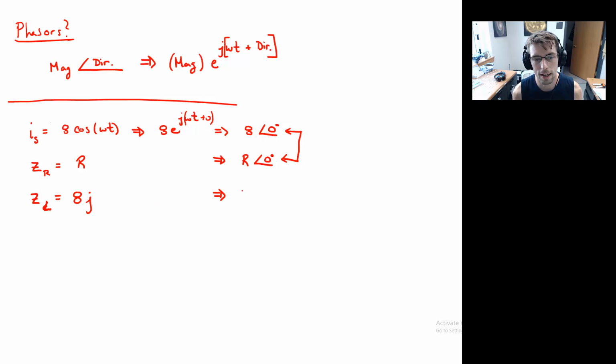So we could write that as 8, or if you prefer the inductor value, 8, and the purely imaginary direction is 90 degrees. Okay, well, how about the impedance of the capacitor? That's negative 5j. And so we could write that as pointing purely in the negative imaginary direction. So we'll say 5, negative 90.